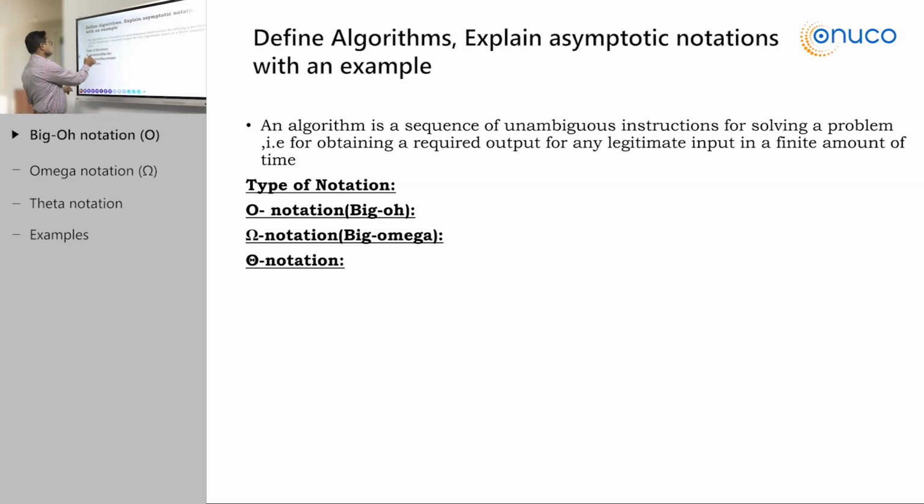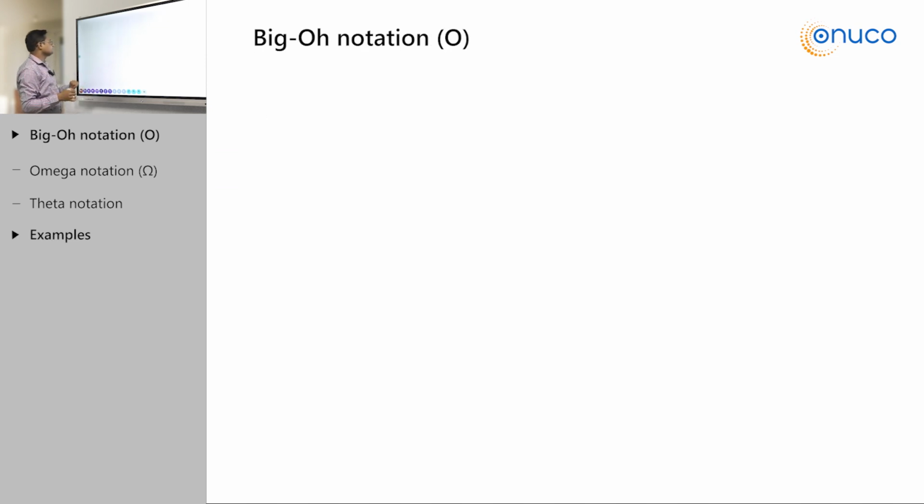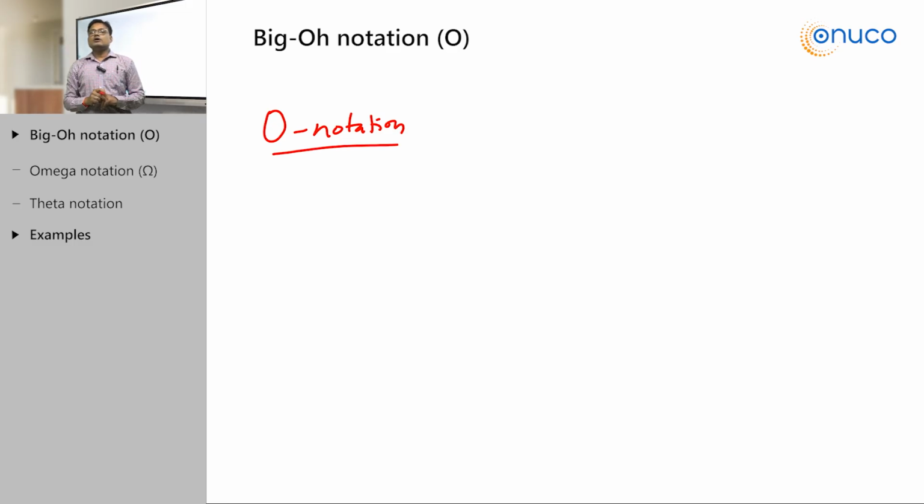You can see big O notation, omega notation, theta notation, and one by one we are going to perform the task. Now the question is, what is big O notation? As I discussed in the definitions, we are going to compare two different algorithms for the largest size of input.